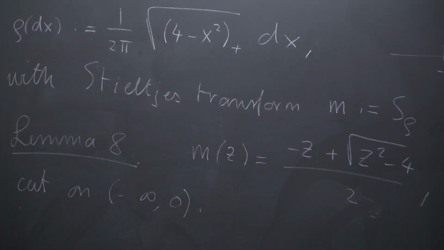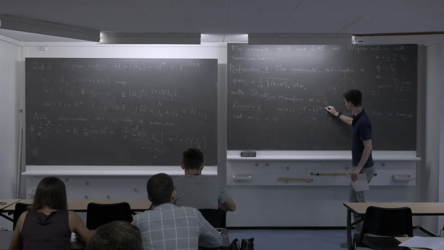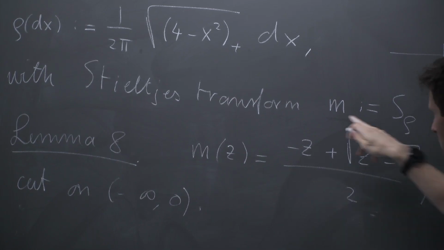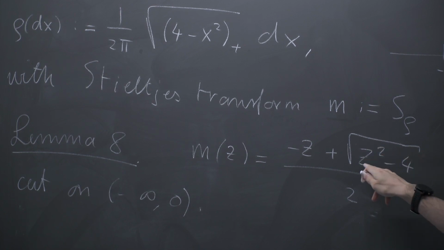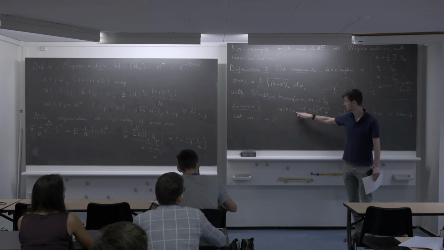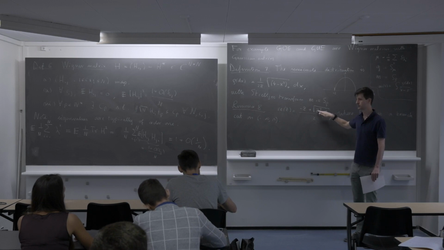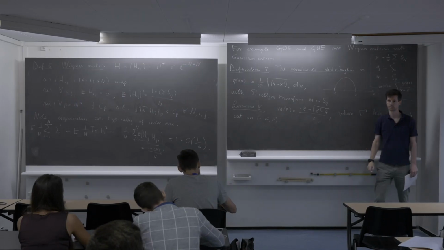So this is not very surprising. What does it mean? If this square root has a branch cut on the negative real axis, it means this function has a branch cut when this number is negative, which means when z is a real number between minus 2 and plus 2. That means this is an analytic function in the complex plane with a branch cut precisely in this interval, minus 2 to plus 2.